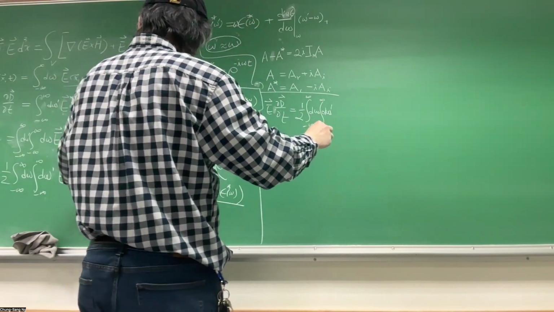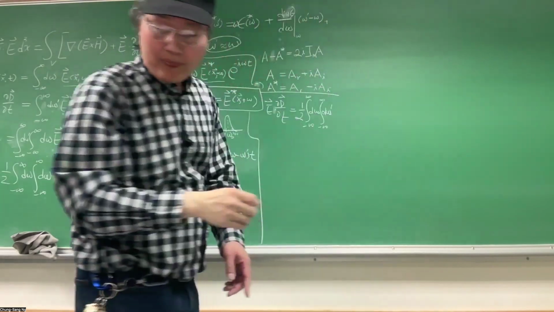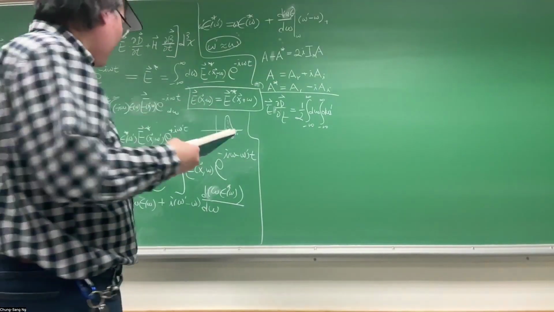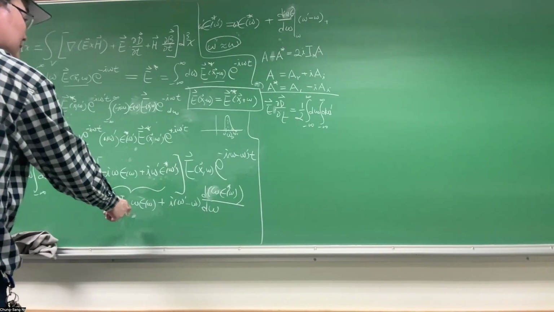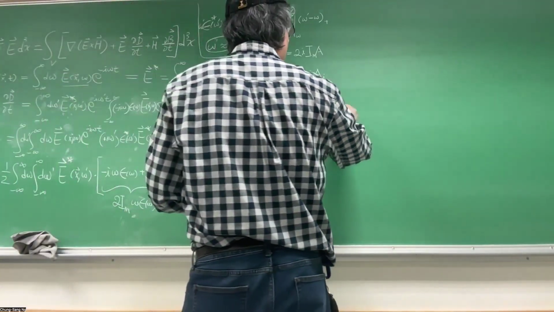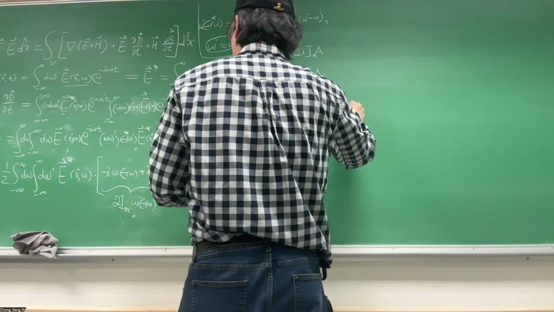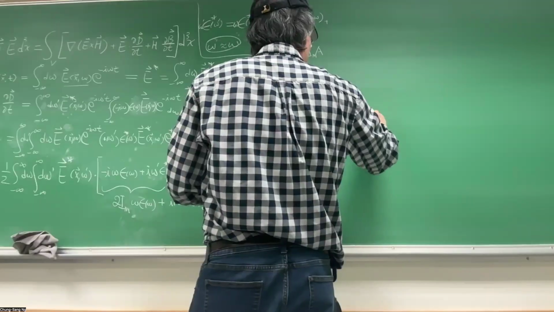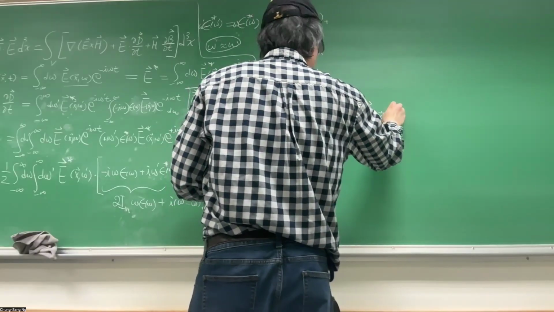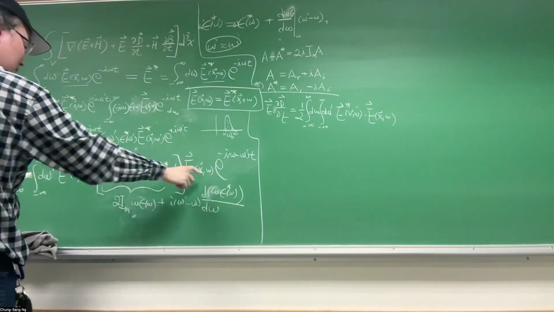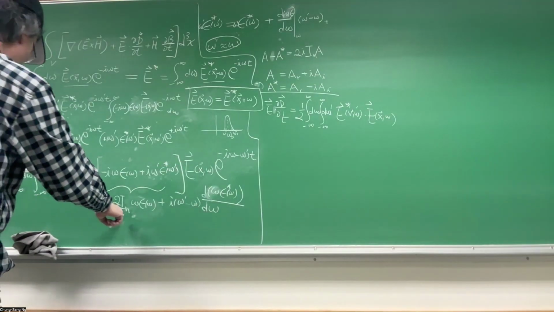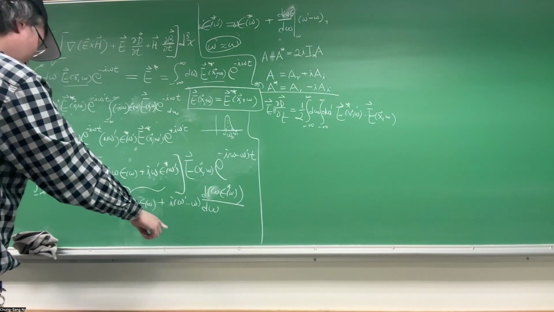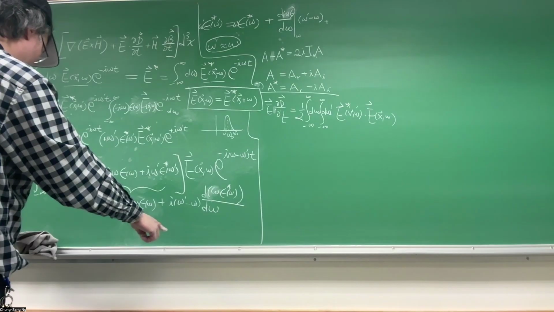There's just a few steps left. Then we have E dot, the first term. Just this term is this E complex conjugate, omega A dot and the E omega. So basically this one and this one. And then you have this two imaginary epsilon and omega.